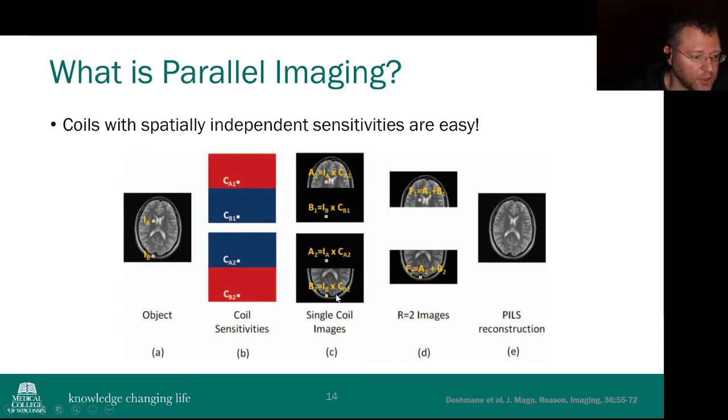That coil sensitivity is 1 there at that location B, and 0 up here at that location A. So in fact, with 1 times intensity B plus 0 times intensity A, that gives us just that intensity B here, because that A location is multiplied by 0.